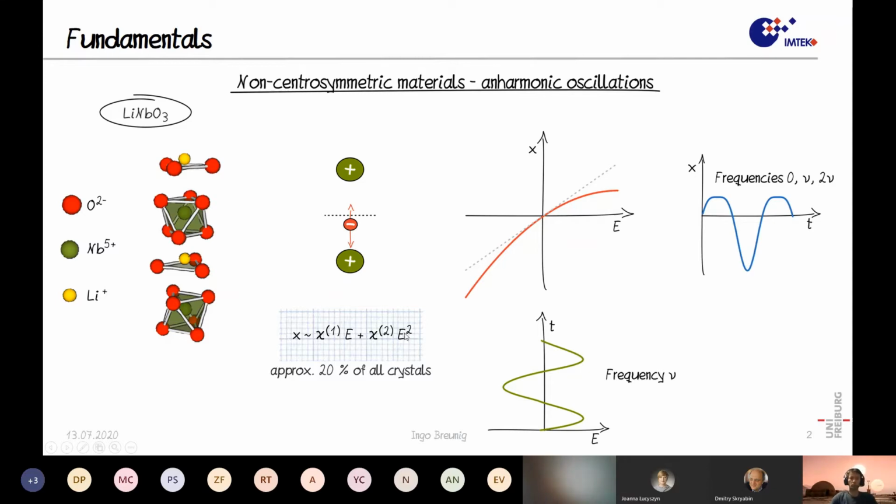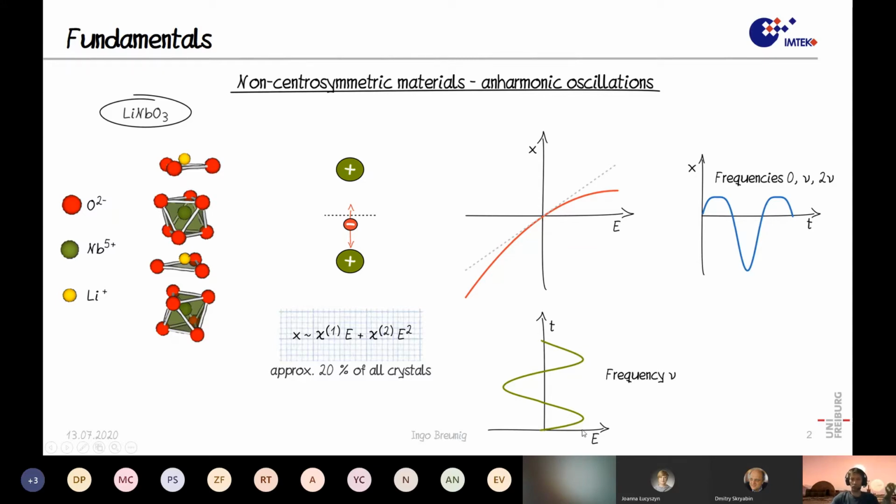Roughly 20% of all crystalline materials are non-centrosymmetric, so it's not very rare. If you plot the displacement as a function of electric field, so for positive electric fields in my picture, your displacement x is a little bit lower compared with the displacement for negative electric fields.